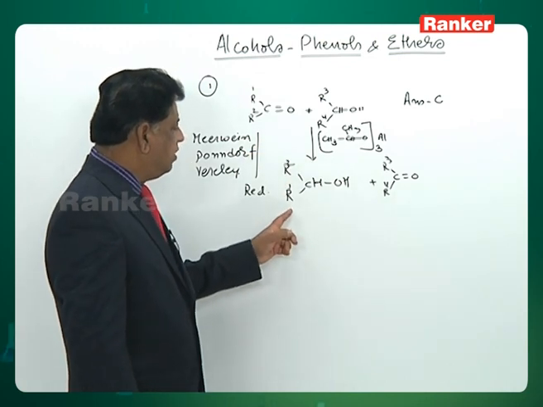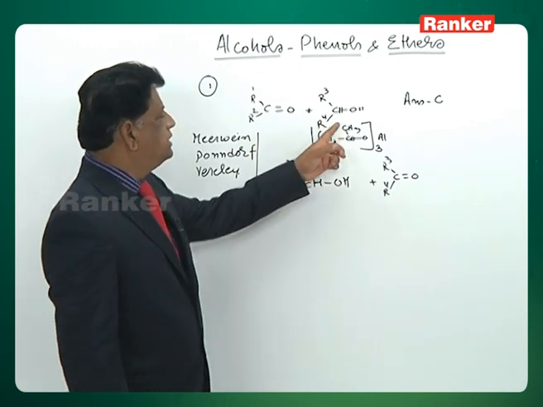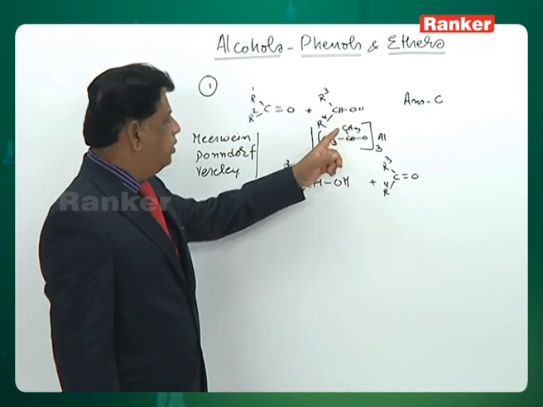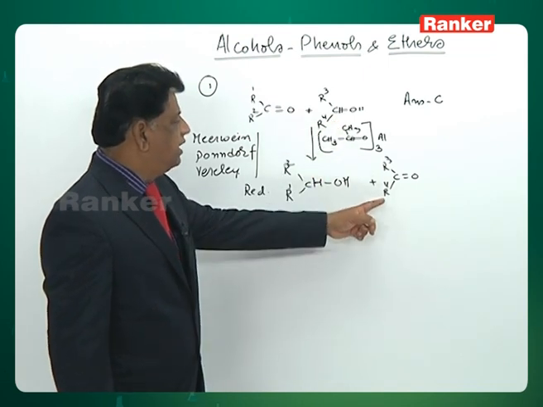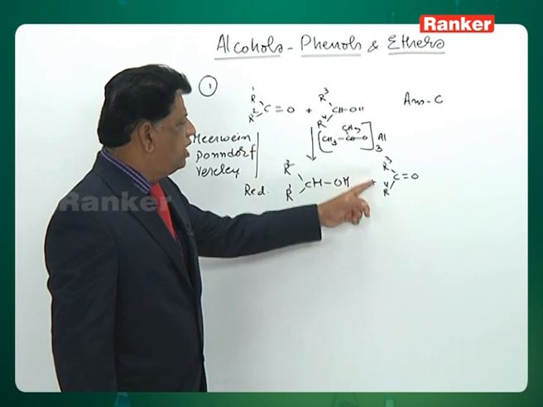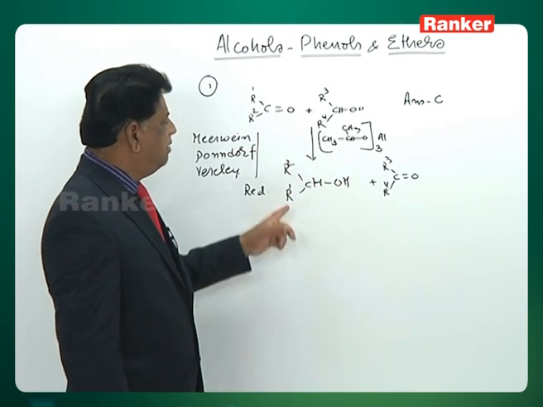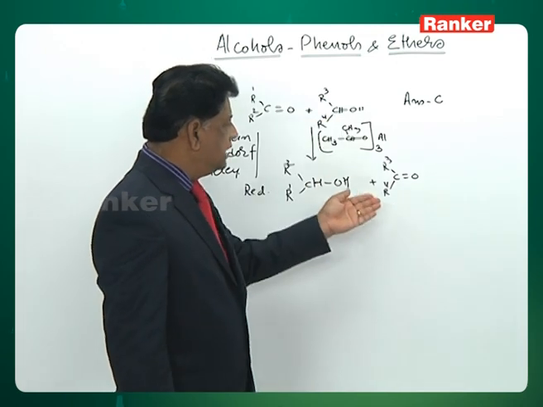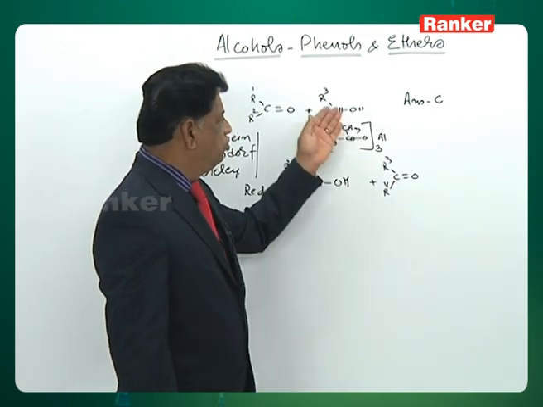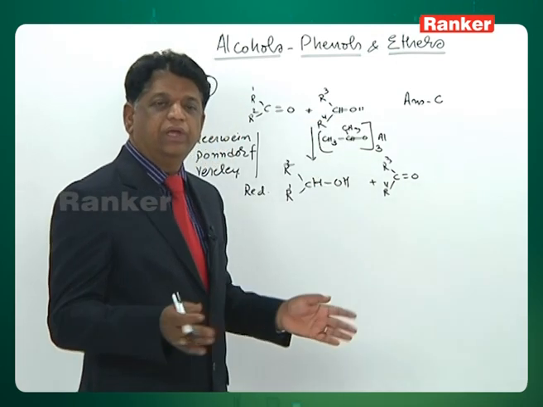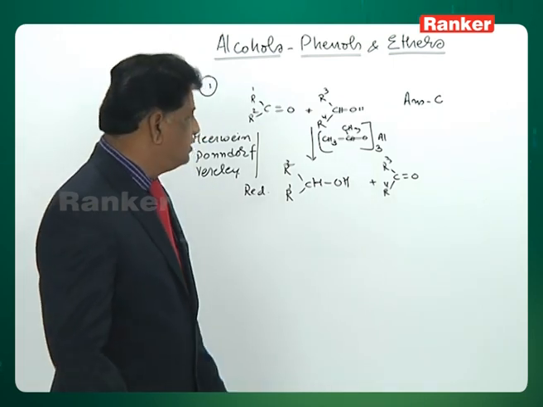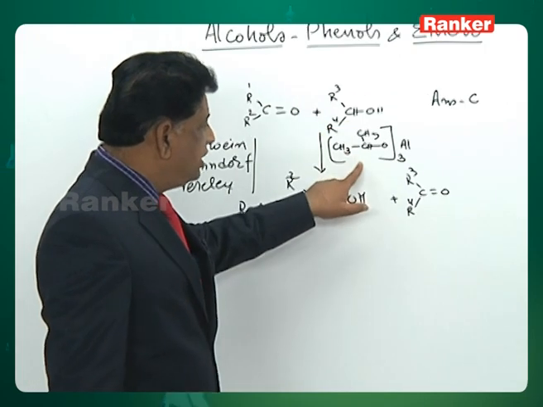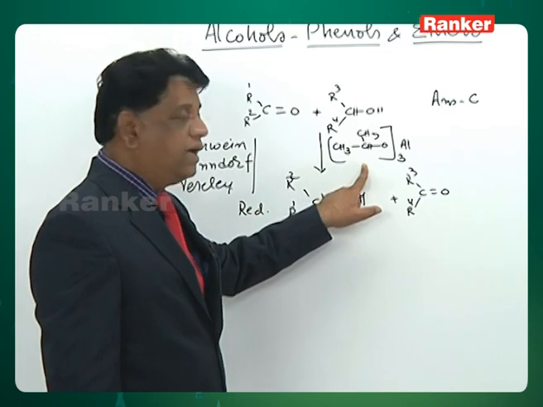If it is a costly alcohol, you use a cheap alcohol as a scapegoat, and that is converted into its corresponding compound. If these two are smaller members, let us say in the MPV reduction, the alcohol is isopropyl alcohol, you get acetone as a product. These are low boiling point, so when you heat it, it can be removed, cost will be less, and it will be exchanged with the reagent also, that is another concept.